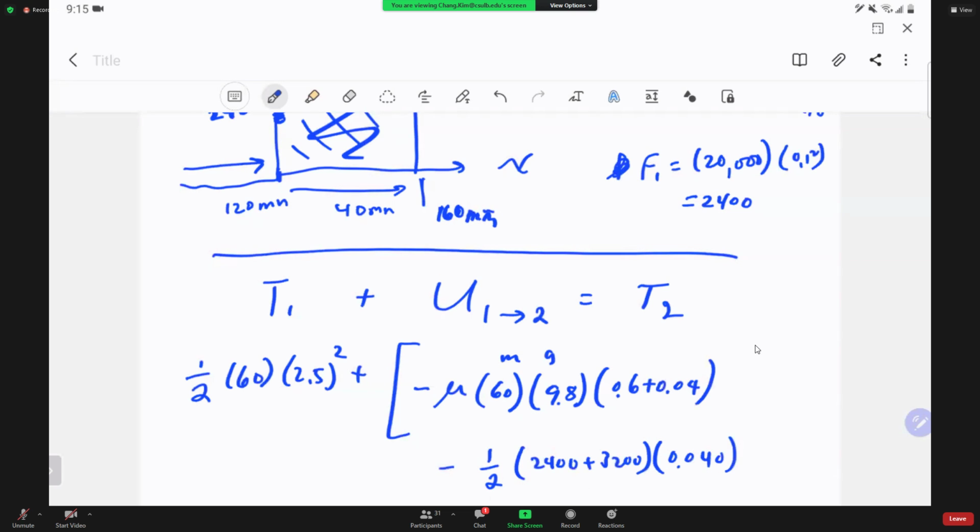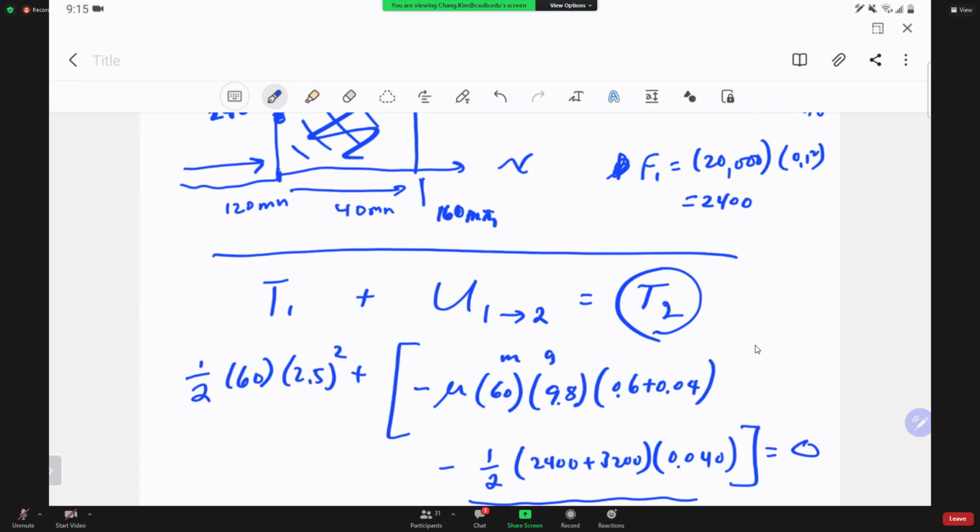This is the area of the trapezoid, and it has to equal the energy at position 2, when the mass hits the spring surface and eventually stops, and then the spring will bounce back and push the block to the left.